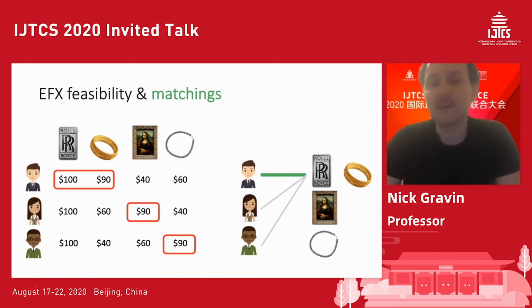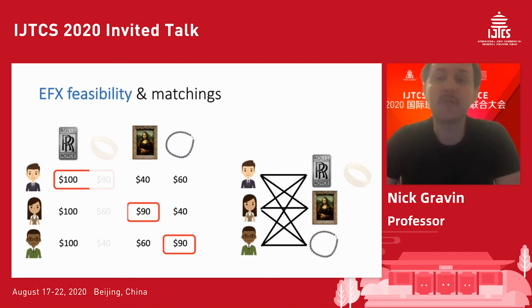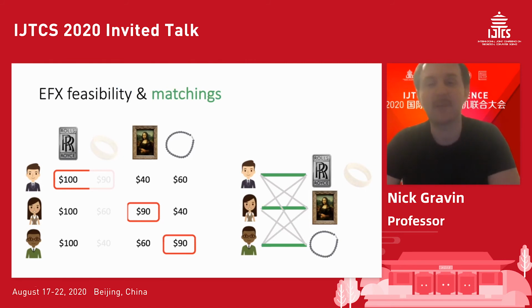It turns out it's a good idea to remove the least valuable item for this person. If you do this, we now get 3 items, and we actually resolve problems with envy. Other people will move from the bundle of Rolls-Royce. So we created more potential allocations, and actually we now have a complete matching, at which point we should stop and allocate items this way.